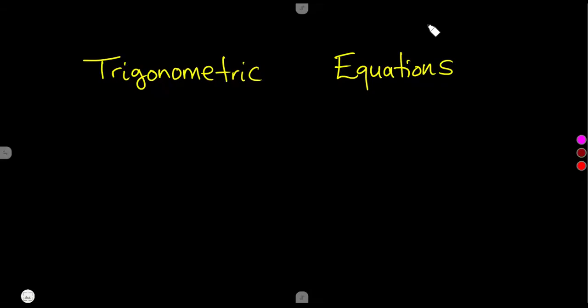If we are to consider, say, the sine or maybe the cos of a certain angle is equal to, let's just say, 0.5, it is an equation you're supposed to solve for what is unknown. And what is unknown is the angle theta.